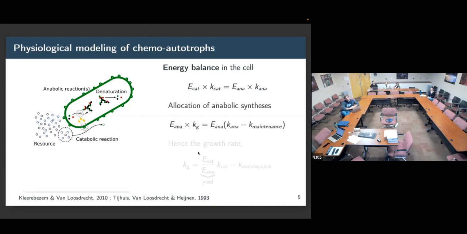Then we account for loss of biomolecules due to, for example, denaturation that occurs at a certain rate that we call K maintenance here. So maintenance would be replacing those molecules that are lost, so that we can write the rate of growth as the difference between the amount of biomass that is synthesized minus the amount of biomass that is lost by denaturation, so that we can get the growth rate.